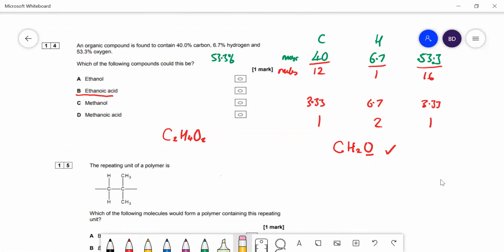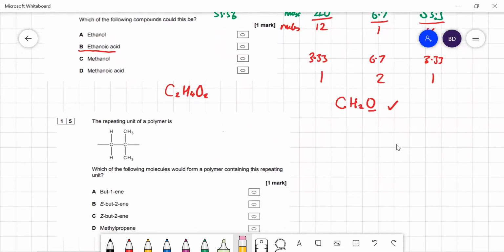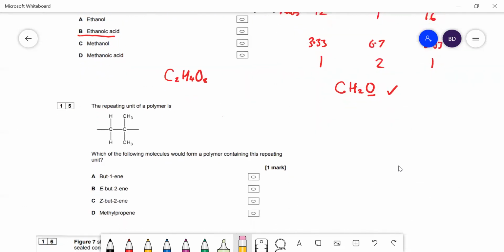Okay, this one is about polymers. There's the repeating unit of the polymer. Which of the following molecules would form a polymer containing this repeating unit? Well, it's an addition polymer, probably. So that means what's happened is that you've got a double bond there, and these weren't there. So let's number that. It's 1, 2, 3.